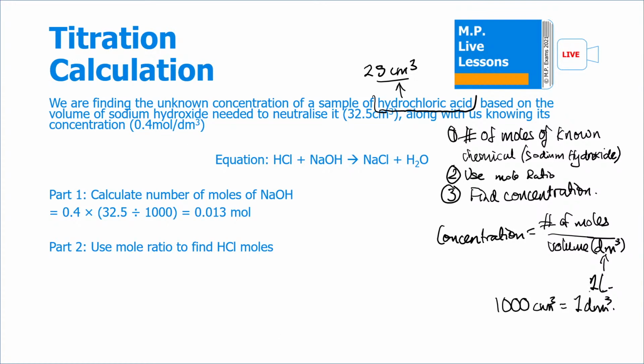So we see that for every mole of hydrochloric acid, we need a mole of sodium hydroxide to neutralize it. So that means they have the same number of moles in each. So the same number of moles of acid and the same number of moles of alkali. So that was 0.013 moles of hydrochloric acid.